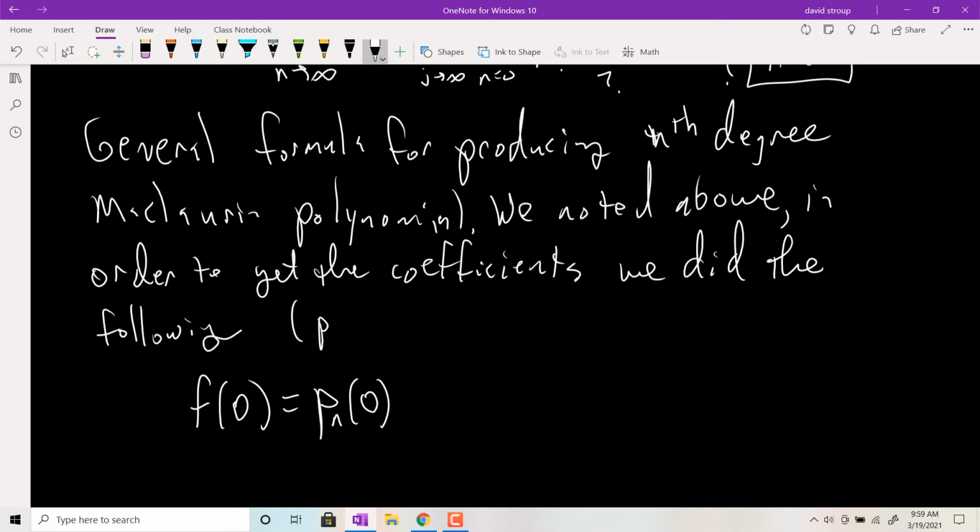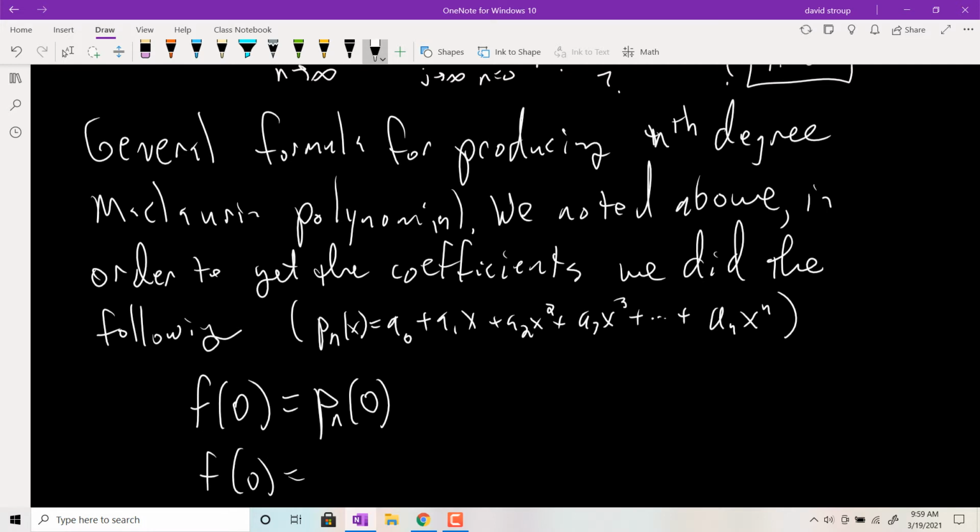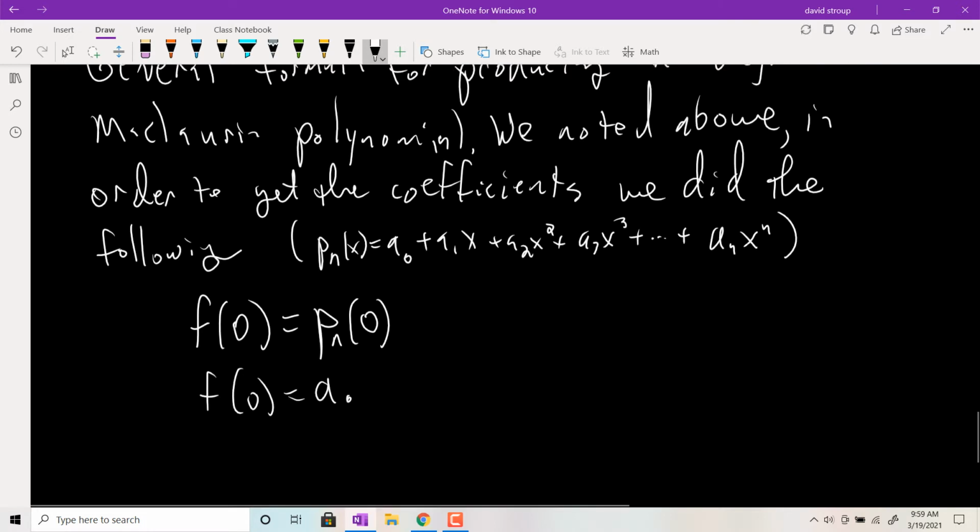P sub n of x would equal a sub 0 plus a sub 1 x plus a sub 2 x squared plus a sub 3 x cubed, etcetera, all the way up to a sub n x to the n. If you put 0 into that equation, you're just going to get a sub 0. So f of 0 will just equal a sub 0, and that would be your first term in your polynomial. It's f of 0.